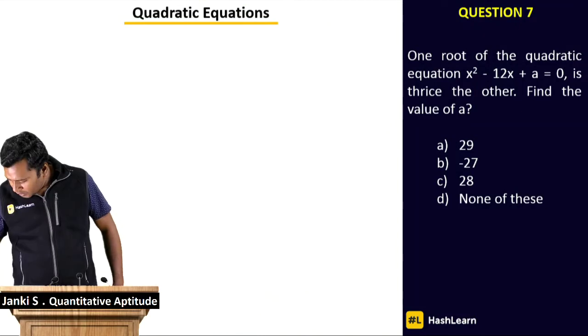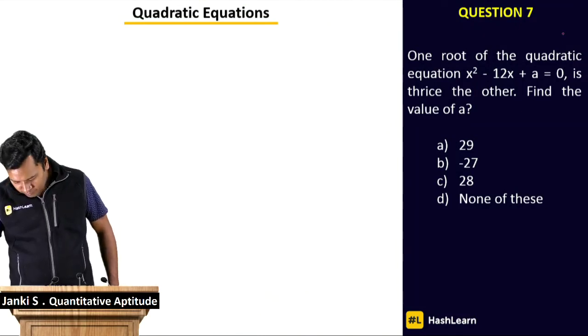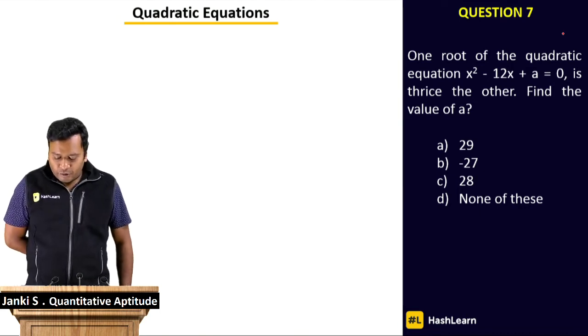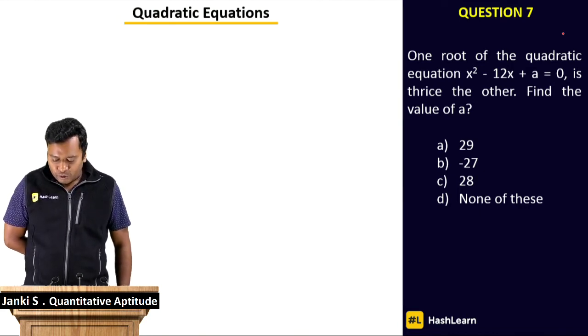Let's move to the next question. Now, one root of a quadratic equation x square minus 12x plus a is 0 is thrice of the other. Find the value of a.